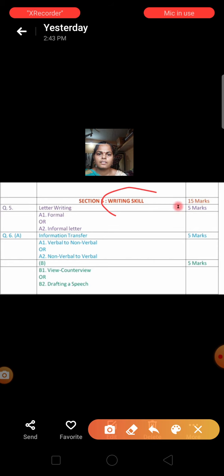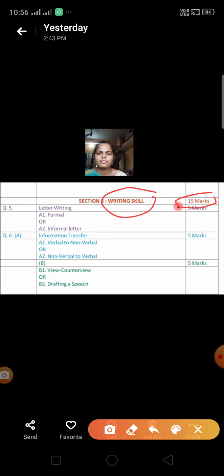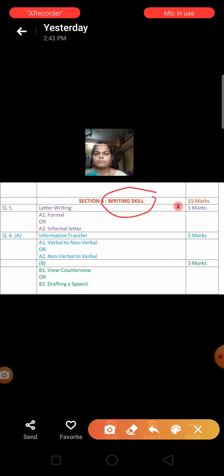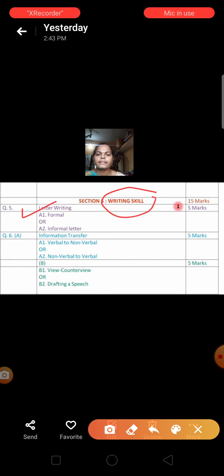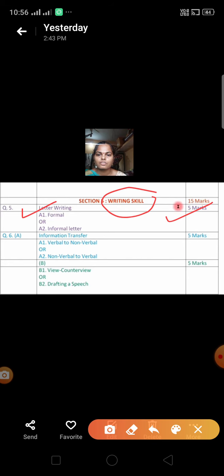Section 5 is writing skill, very simple for you and it is for 15 marks. Understood? See, question number 5 is letter writing, very simple and in it you know there are 2 types. Okay, one is formal and informal letter, so you can choose any one letter to write and one letter is for 5 marks. Understood?